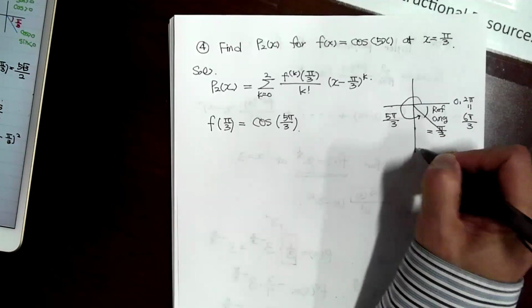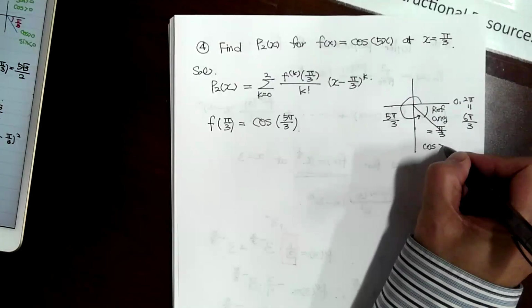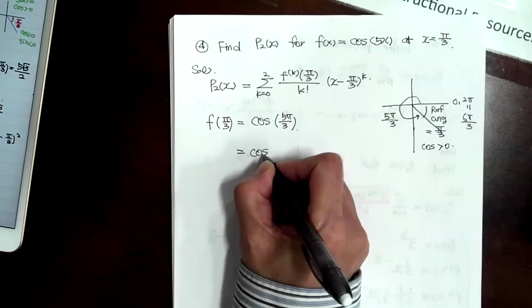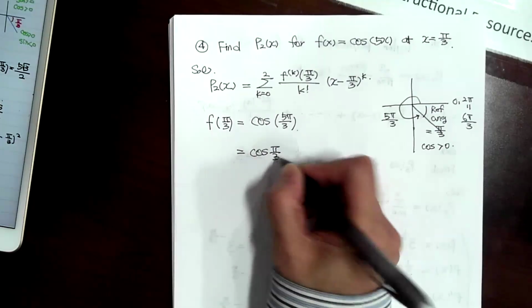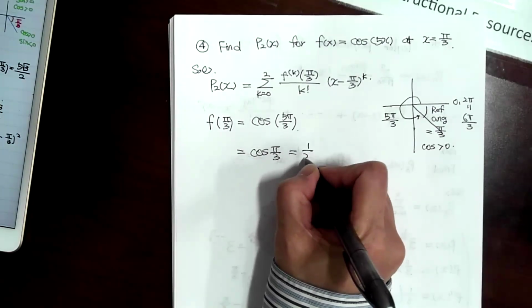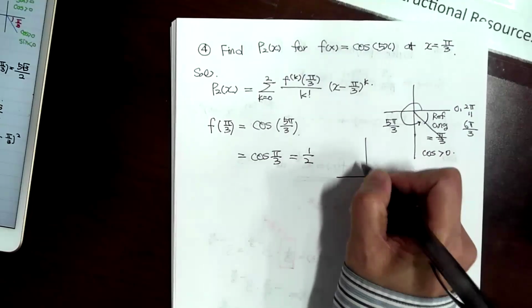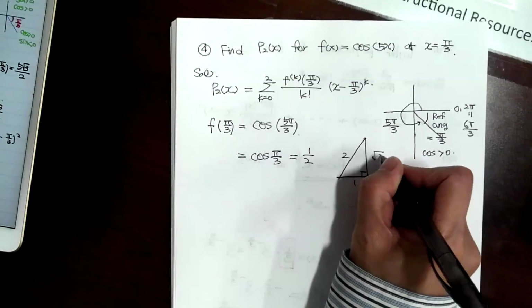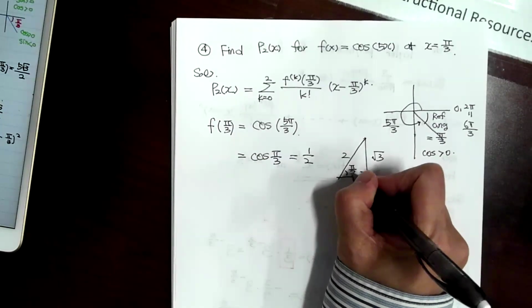On the right side, cosine is positive. Therefore, that's cosine of pi over 3, which is 1 over 2.